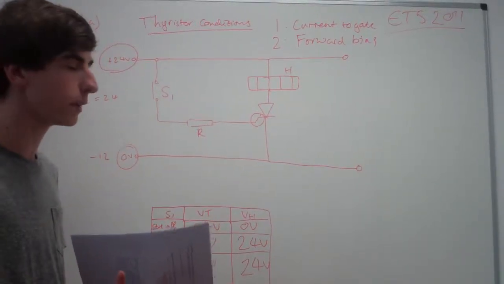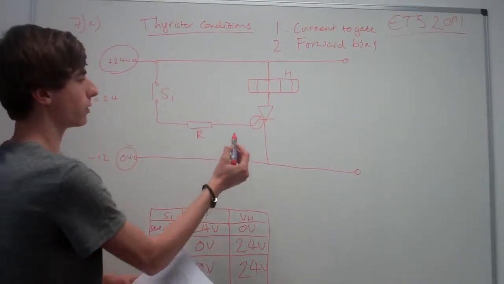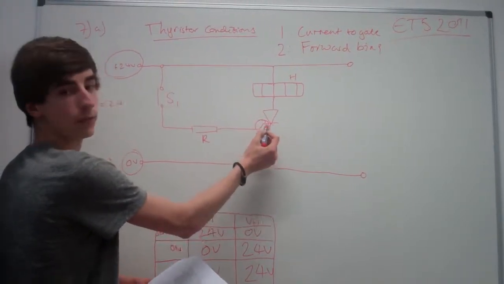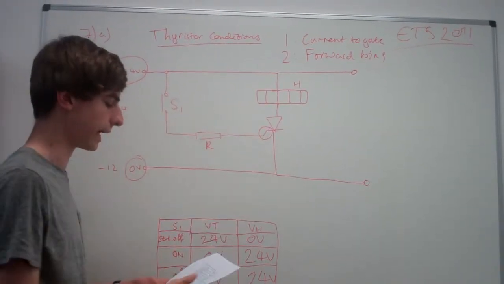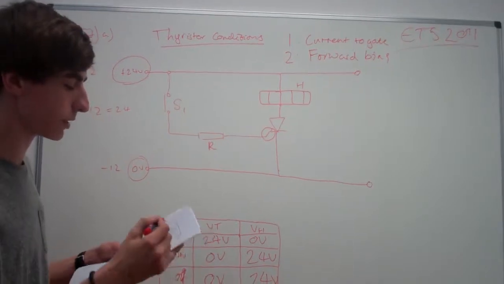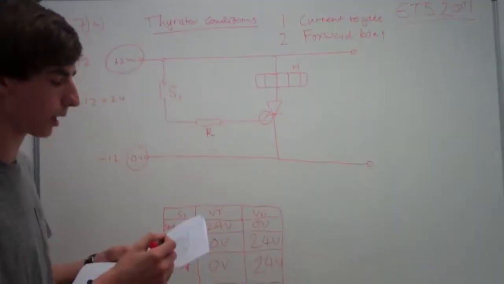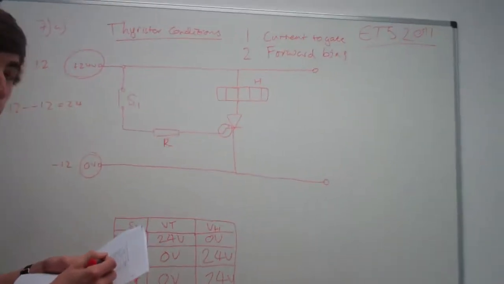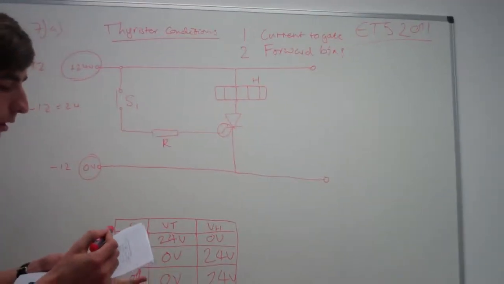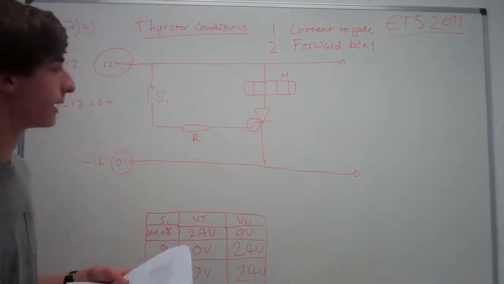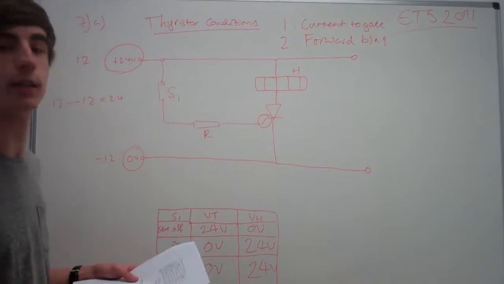Some of it's relevant, some of it's not. The relevant parts are anything with the word gate involved, because this is the resistor to the gate. And it gives us maximum forward current, holding current, gate voltage, reverse voltage. You're looking for the two things with gate in the name. That's gate current and gate voltage.